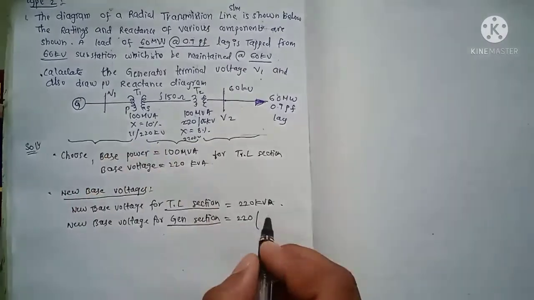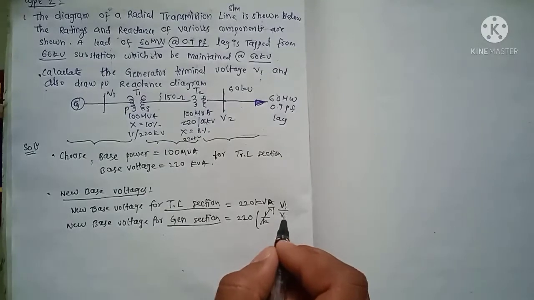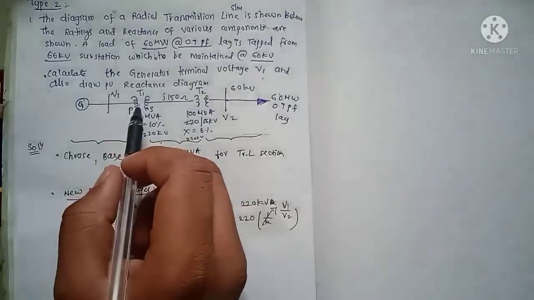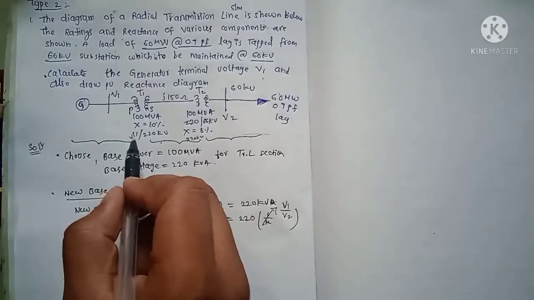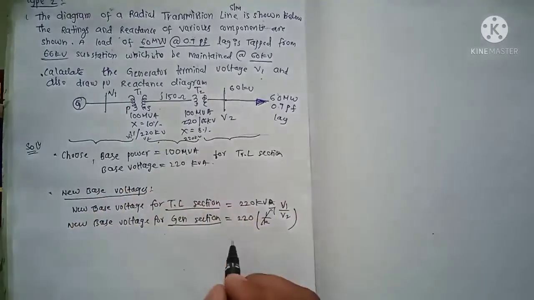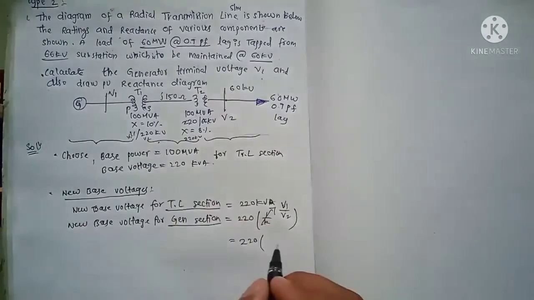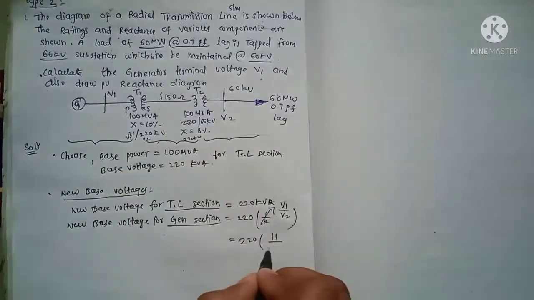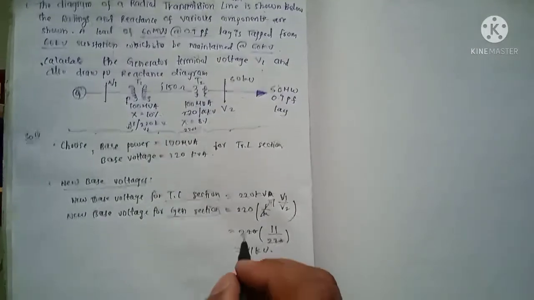Secondary to primary means multiplied by 1 by k, and 1 by k means V1 by V2 of the T1 transformer. So 220 multiplied by 11 divided by 220, which gives 11 kV.